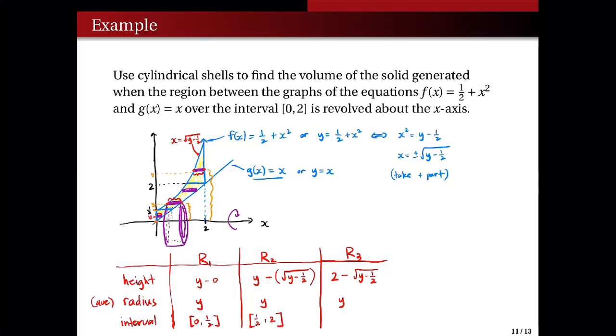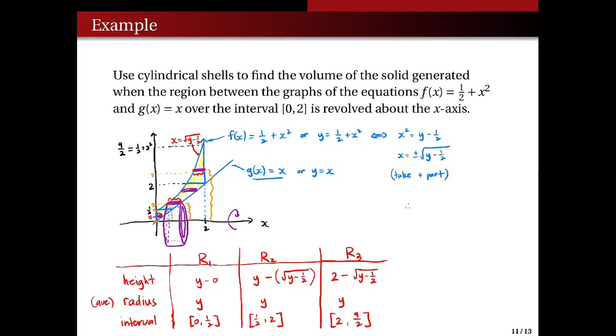This guy here is just 1 half plus 2 squared. 2 squared is 4, plus 1 half. So this is just 9 halves, which means the interval will be from 2 up to 9 over 2.